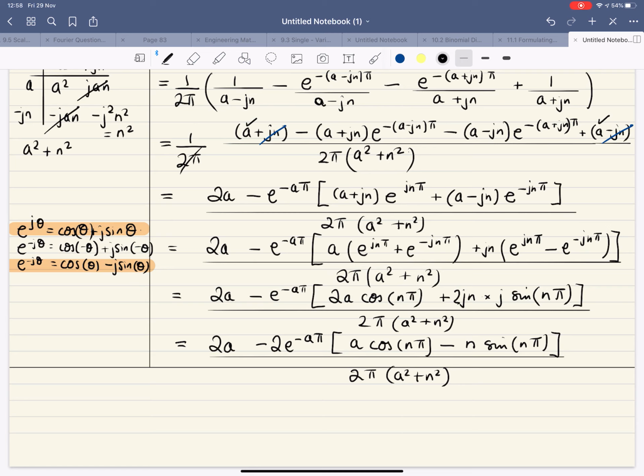Now what happens here, we can divide these 2's, because that 2 multiplies all these, so that divides out there.